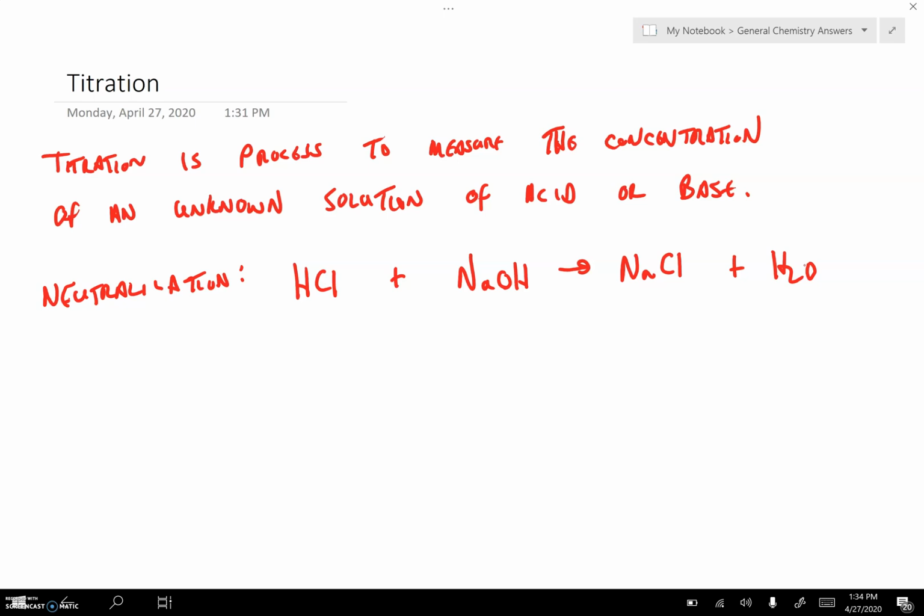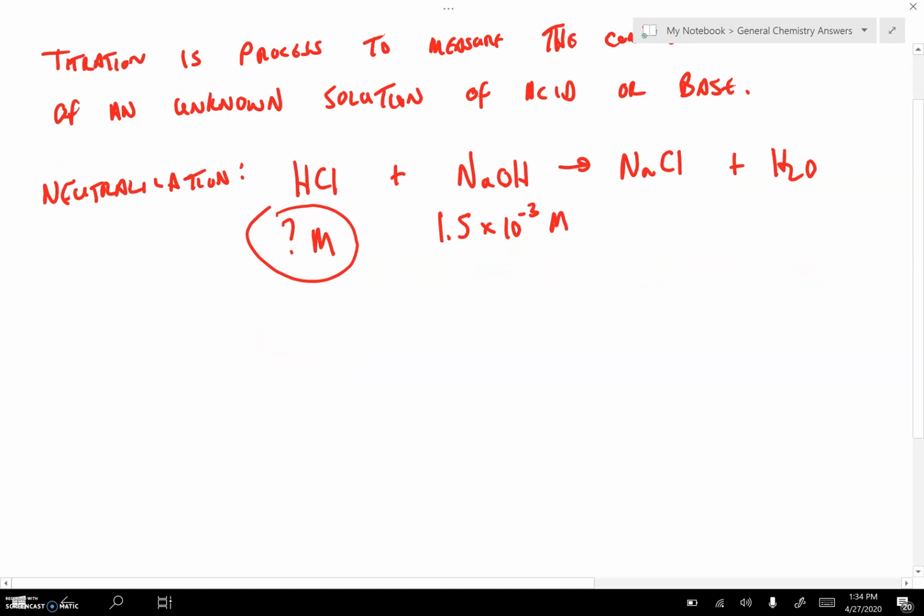So a titration is a method by which we take some unknown concentration of an acid or base and react it with some concentration of base that is known, and that will allow us to determine the concentration of this unknown. That's the whole process. And to do that, we're going to use the equation from chapter 12 that says molarity is equal to moles over liters.